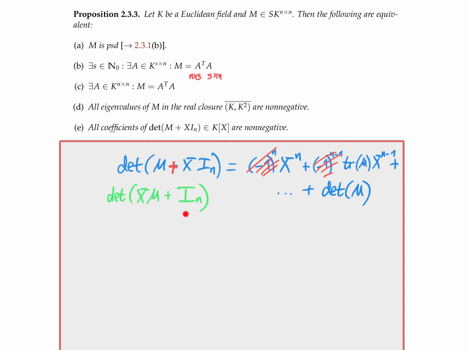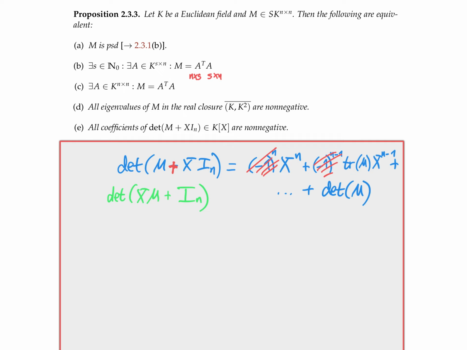You don't know why, but if you generalize, if you want to define something like a characteristic polynomial for a tuple of matrices instead of just one matrix, then you will use several variables. If you have two matrices M1, M2, you could write x1 M1 plus x2 M2, and then plus the identity.